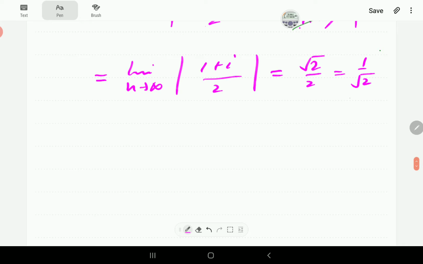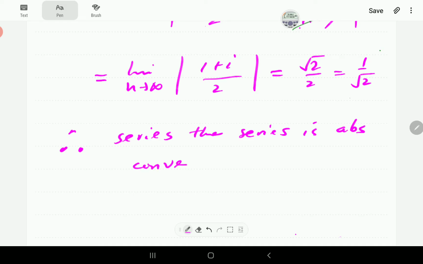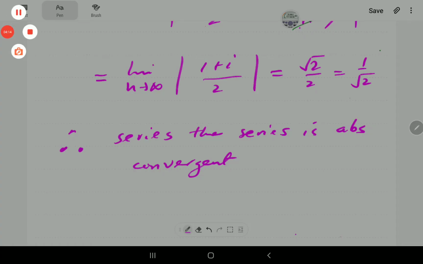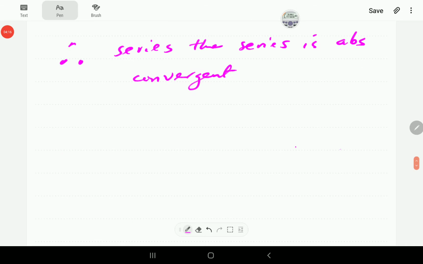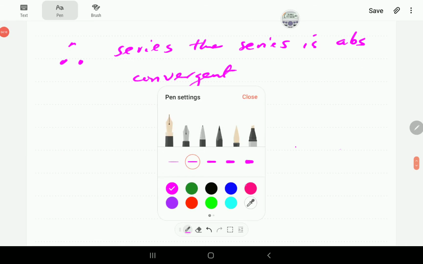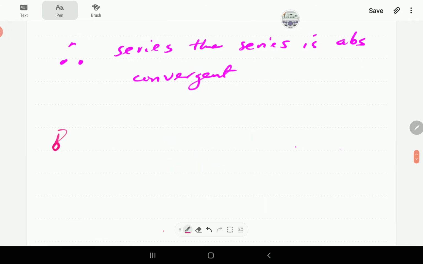So since the value of L is less than 1, this is telling us that the series is absolutely convergent.